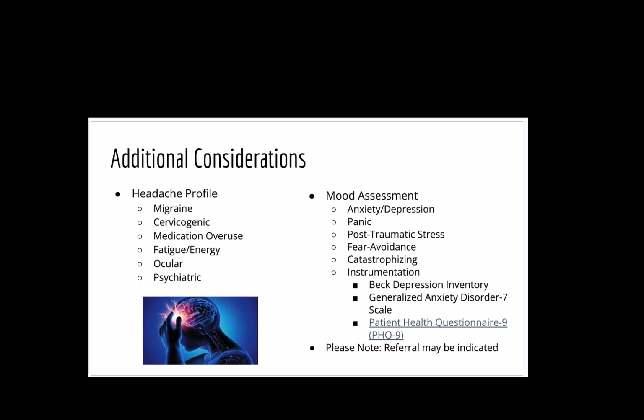Cervicogenic is a fancy way of saying the headache comes from the cervical spine region. These are typically individuals that have increased headache symptoms associated with neck motions or sustained neck posturing. So really try to make sure you're doing a good job of figuring out the real source of that. Maybe it's the eye movements that are creating that. Maybe they have sinus drainage and they're having a sinus-based headache. Lots of things can create headache.